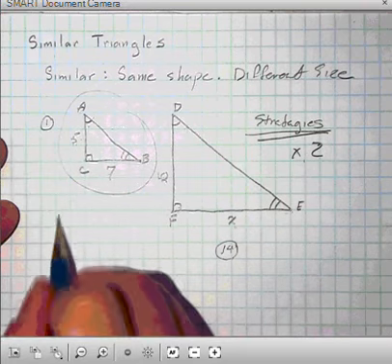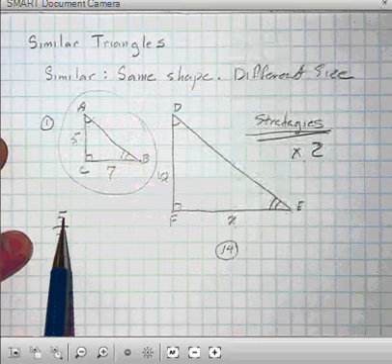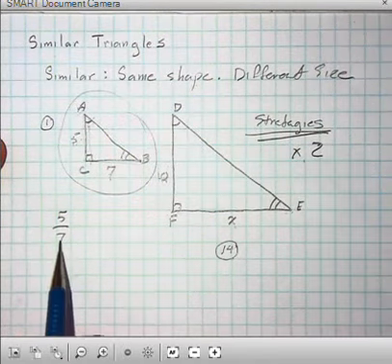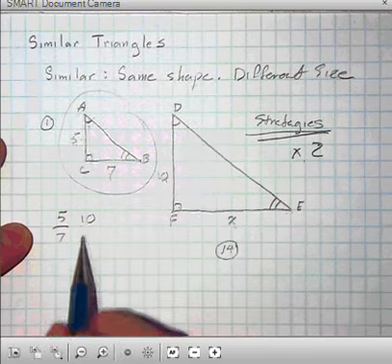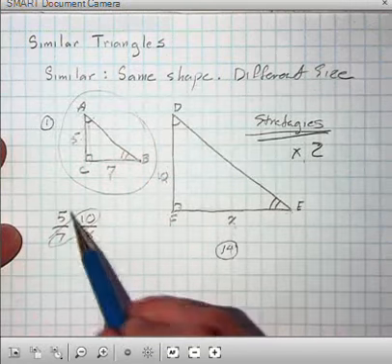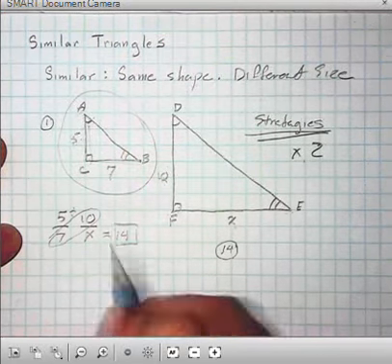Our small triangle is 5 over 7. That number right there is our vertical height. The number on the bottom is our base height. Our larger triangle, the vertical height is 10. Our base height is unknown. We can multiply diagonally and divide by our leftover number. That'll give us our exact same answer.